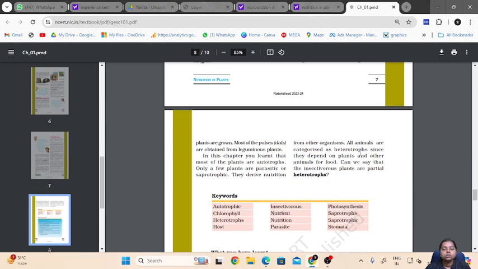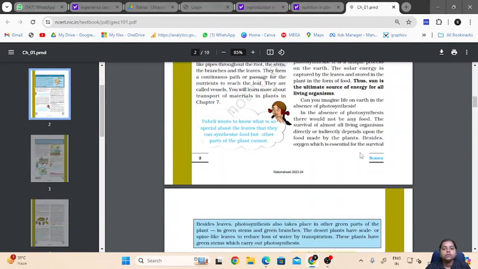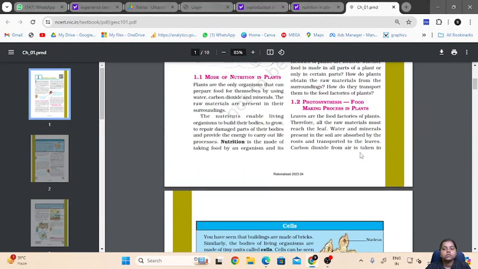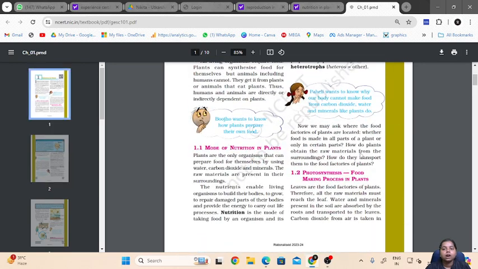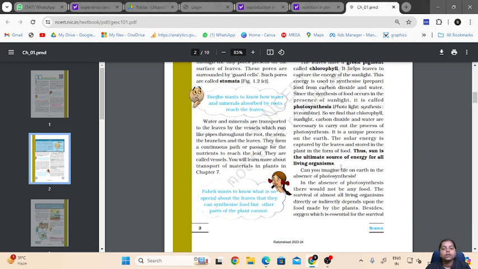So in today's class we have learned how carbon dioxide, water and minerals, which are required for synthesizing food in plants, get absorbed. Carbon dioxide is absorbed through tiny pores present on the surface of the leaves, called stomata, whereas the minerals and water are transported from the roots through vessels to the leaves.